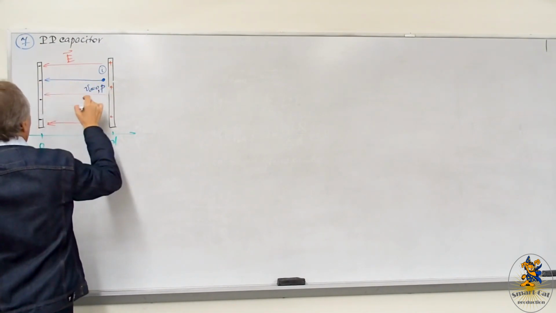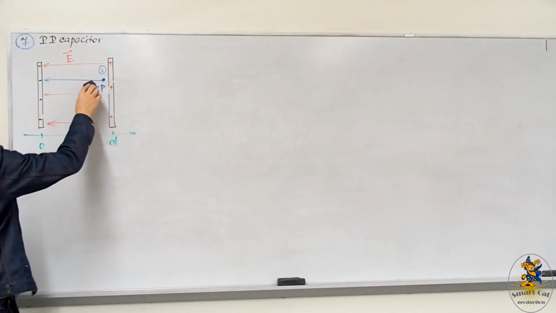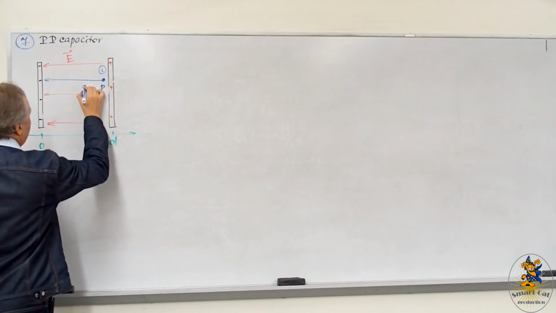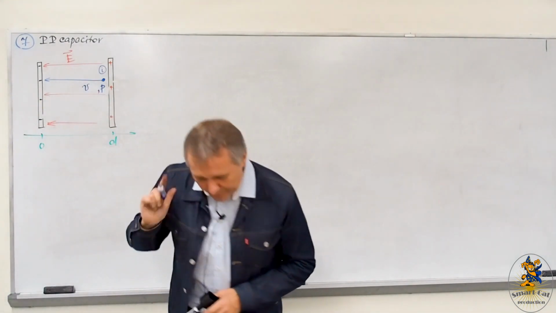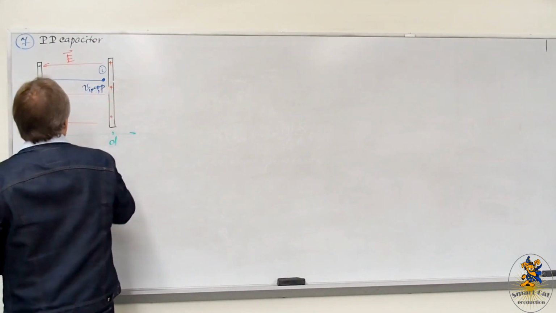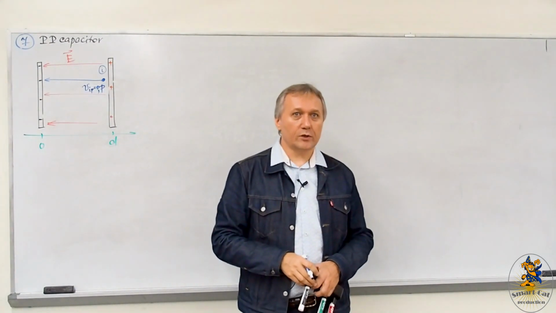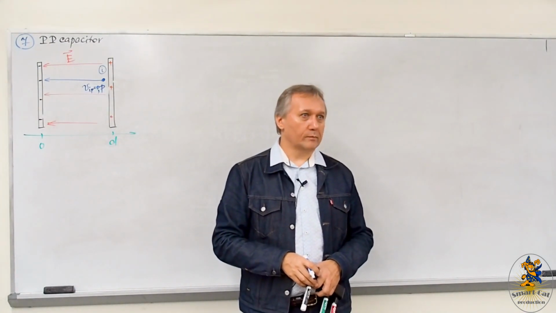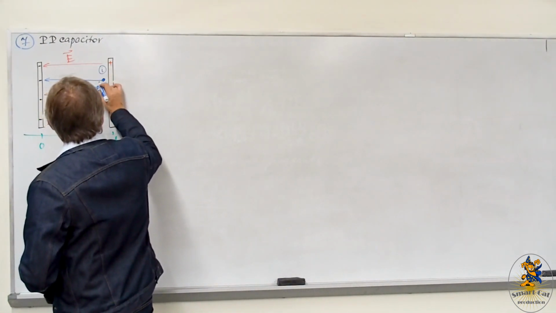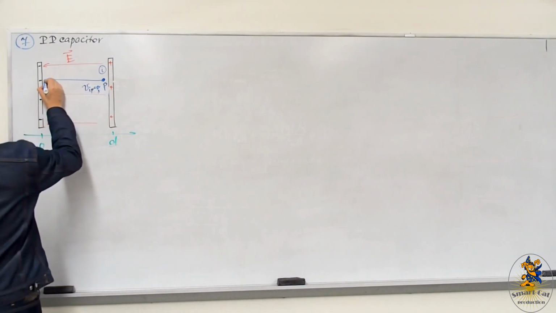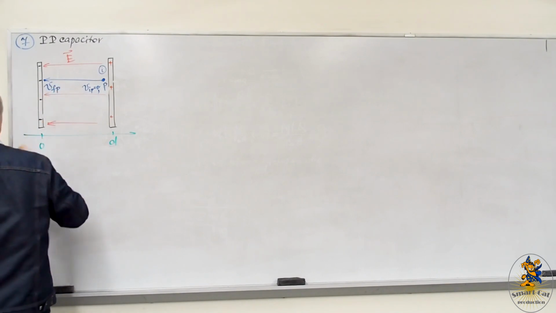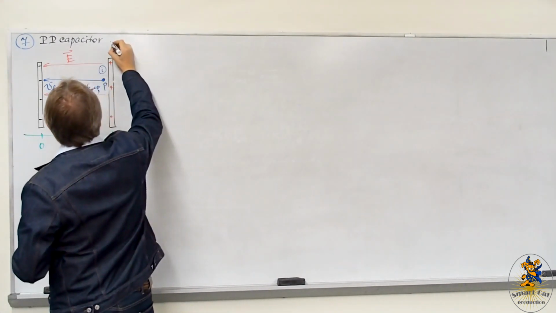So let me label the initial velocity of the proton differently: V, IP, I stands for initial, P for proton, equals 0. And the final velocity of the proton is given. So VFP.